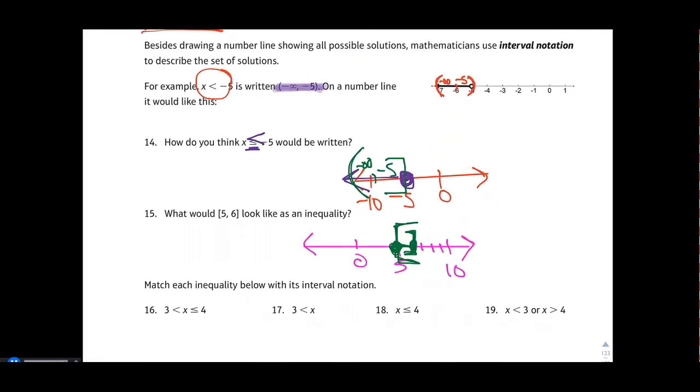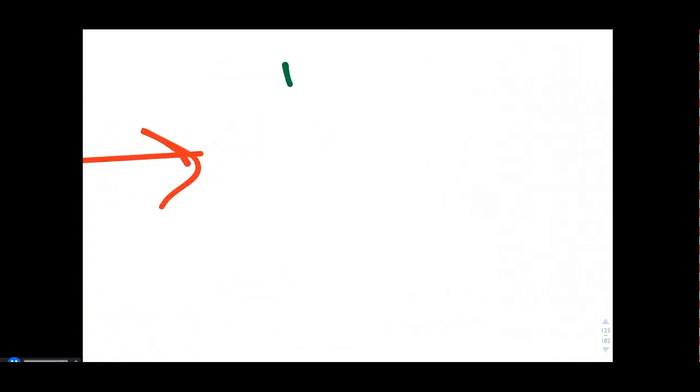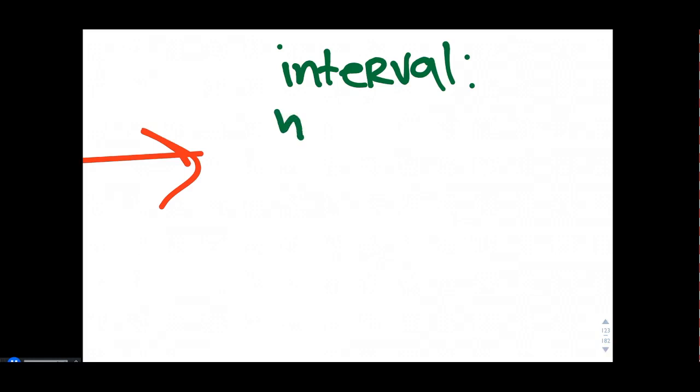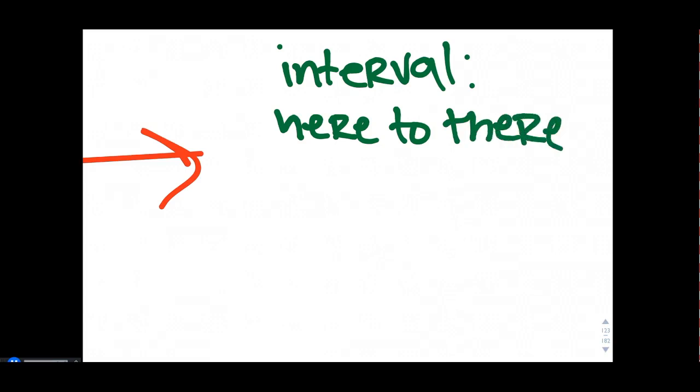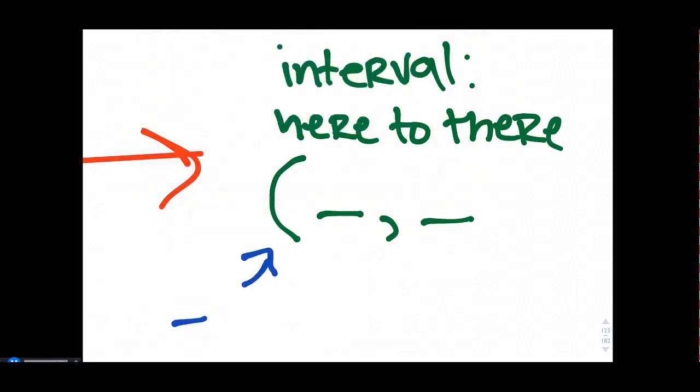Off on the side, I'm going to take a few notes. An interval. In English, an interval means that I'm going to go from here to there. What's nice is that in math, it means the same thing. It goes from the first number to the second number. When I put a parenthesis, this means that it does not equal.